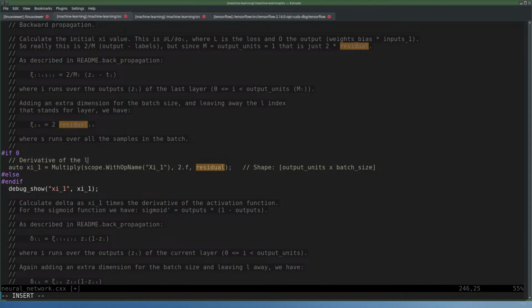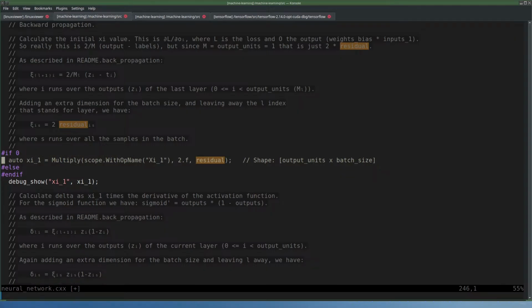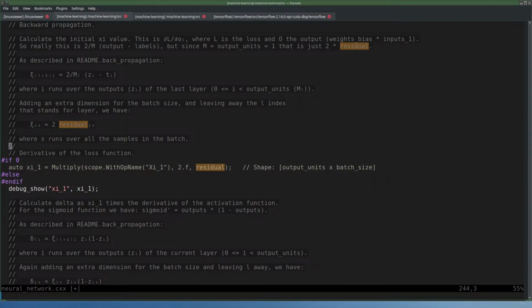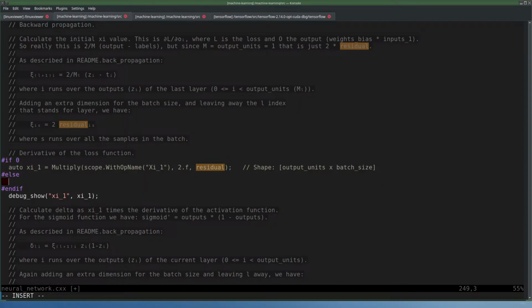Derivative of the loss function. That is the initial key.